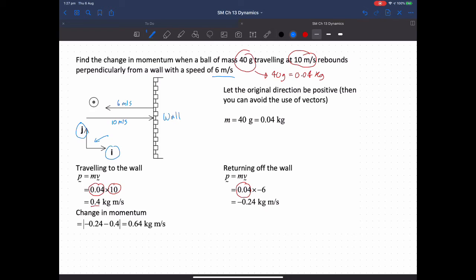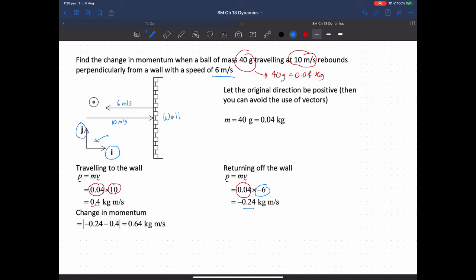So in terms of considering it as a direction, it is in the opposite direction to travelling towards the wall. So instead of writing it as 6 metres per second, we write it as -6. So going towards the wall at 10 metres per second was the positive direction. Going away from the wall is the negative direction. Multiplying those together, we get -0.24 kilograms metres per second.